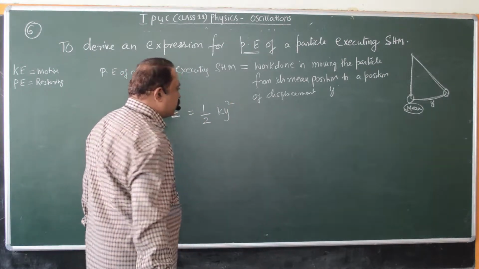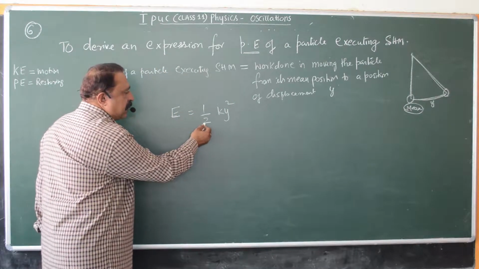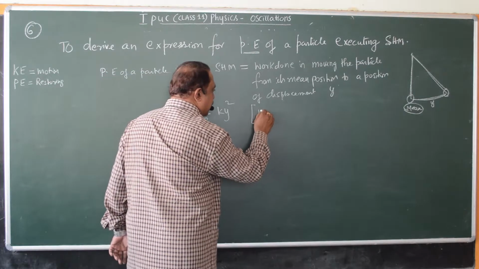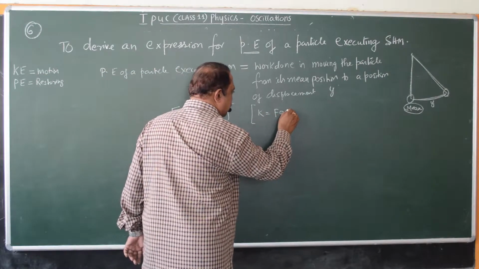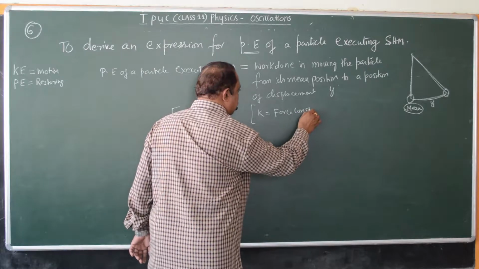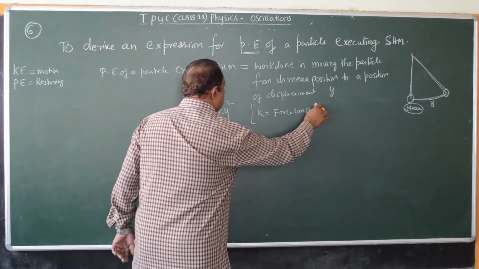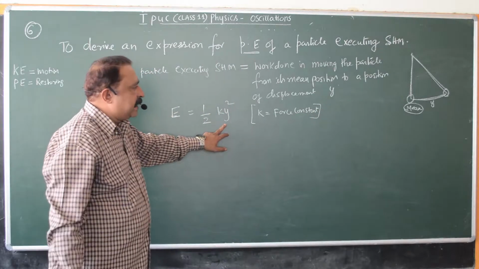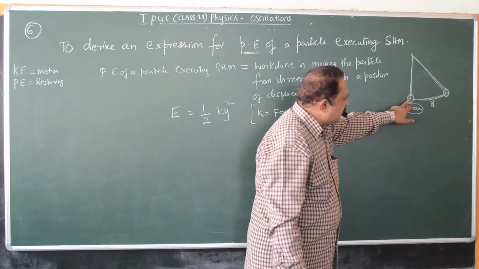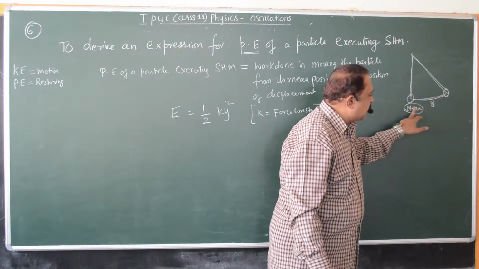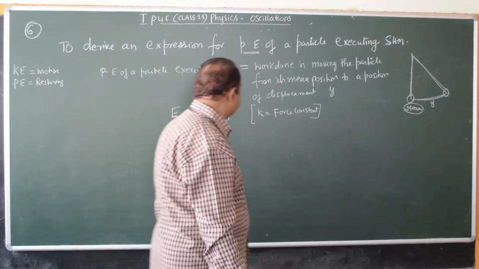It's an elastic potential energy which is given by half k y square, where k is the force constant and y is the displacement, that is, the position to which the particle has come from the mean position.